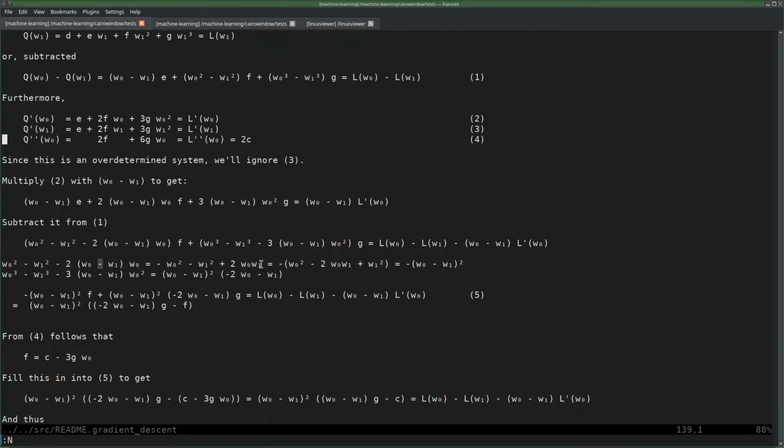That looks correct. Equals minus W0, plus, we need a minus now outside the brackets. So we get plus W1 squared minus 2 times W0 W1. And this is, of course, W0 minus W1 all squared. So this seems correct as well.